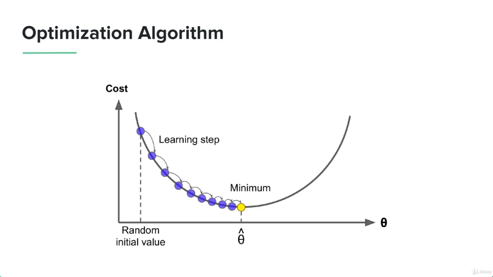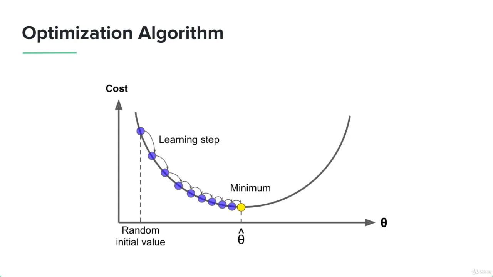The cost function, the mean squared error, is actually a convex function. A convex function shows us that there will always be a global minimum. A global minimum is where the cost is minimum, and at that position the theta values are optimum. When we initialize random values of theta in the beginning, they have a higher cost.